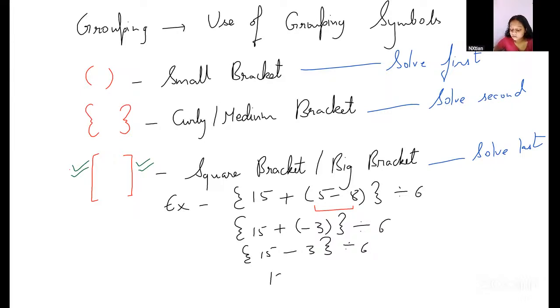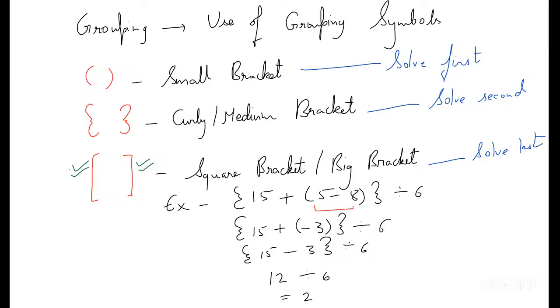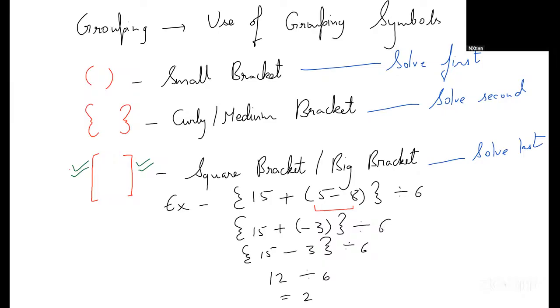Now I remove the curly bracket. Divided by 6, and what will be my answer? 2. Now, understood how we worked with the brackets? First, we solve the small bracket, then we solve the curly bracket.